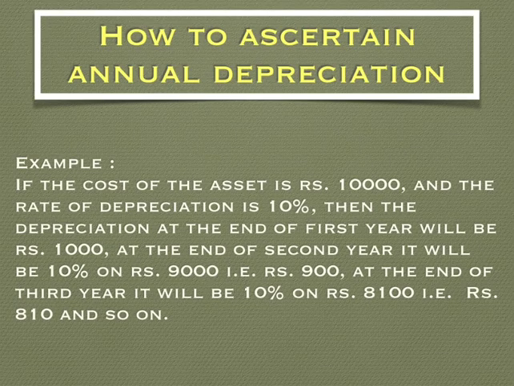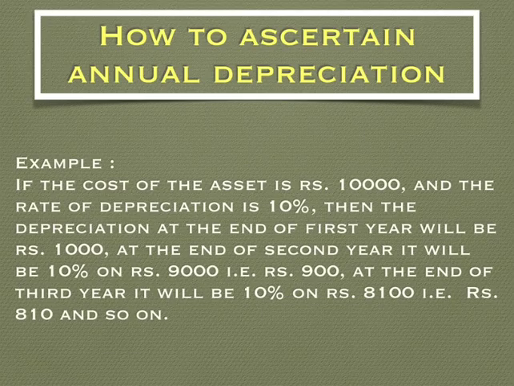As our cost of asset was rupees 10,000, we provided 10% depreciation for the first year. Now, the opening balance of our asset in the next year will be 9,000 rupees. So, we will provide depreciation on 9,000 rupees, that is on the diminishing balance. So 10% on 9,000 becomes rupees 900. So for the second year, depreciation will be rupees 900.